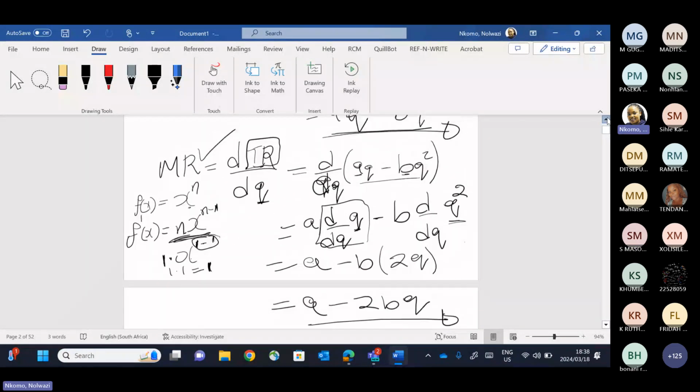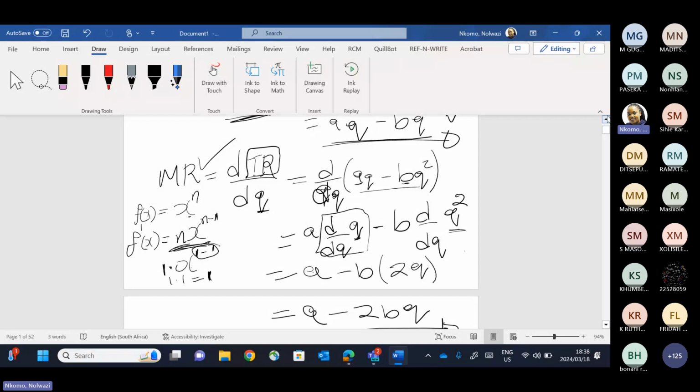You are using the differentiation rules, the one that I used here. Remember, here we had the same thing, dQ over dQ. If you compare this Q with this function, this means your x is Q and your n is 1. So if your n is 1, then the derivative of this function is this.